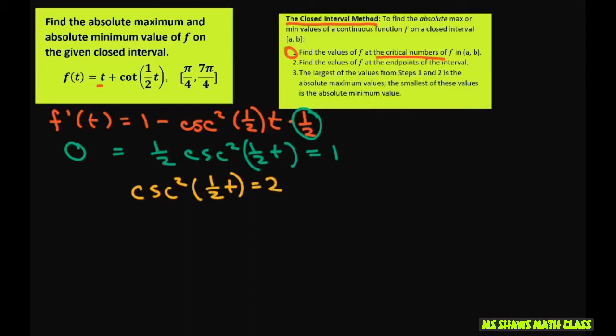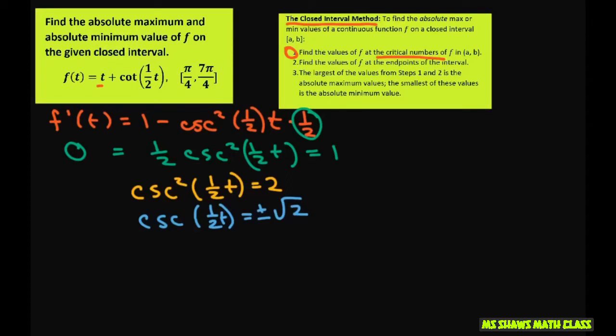So if you just take square root both sides, you're going to get cosecant of 1/2 t equals plus or minus square root of 2. Now, if this was just t, it would be pi over 4 and 3 pi over 4.